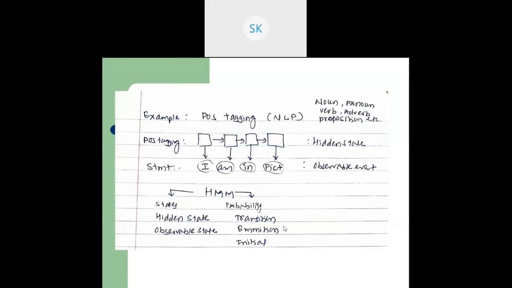Another example is natural language processing, where the Markov model is used, in machine learning and also for text mining.